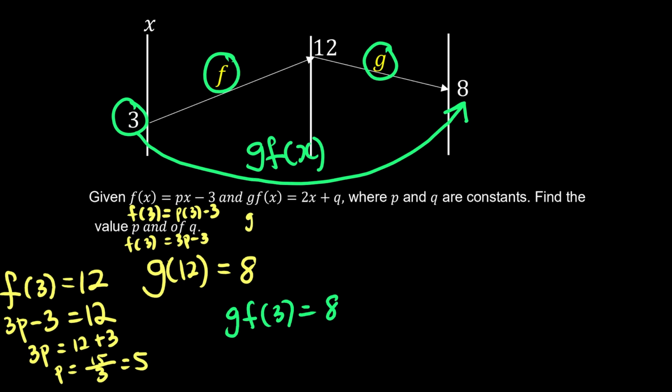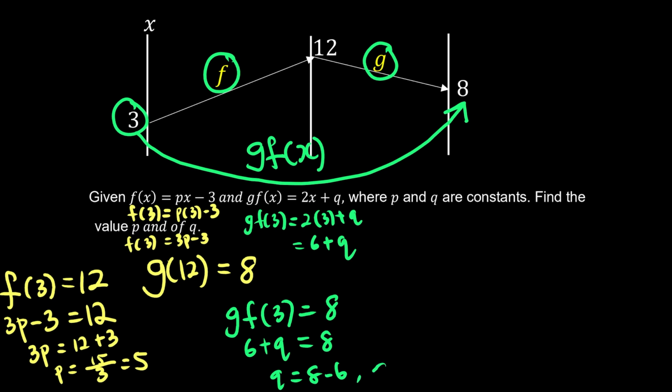So gf, let me try to use another color now. gf when it's 3 is 2 times 3 plus q, which is 6 plus q. So we know gf when the input is 3 is 6 plus q, which is also equivalent to 8. When you have a plus, go over there, becomes minus. So q is equal to 8 minus 6. q is equivalent to 2. And this q equal to 2 will be our final answer.